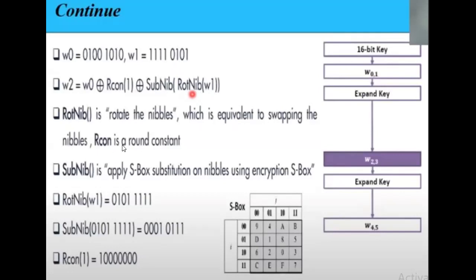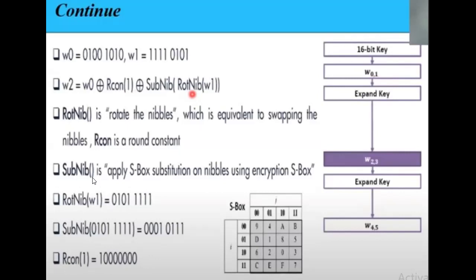Then the round constant is the constant defined by the algorithm itself, so it has a predefined value. Here you can see at the last, round constant 1, the value is 10000000. This is fixed, which we will use in the equation. And then substitute nibble.